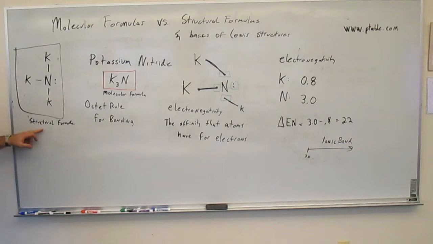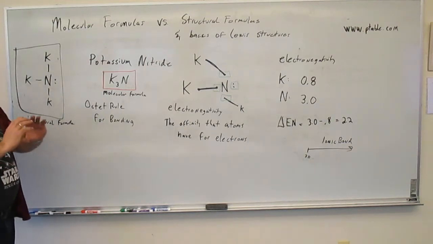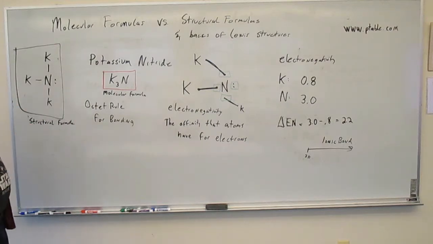Now, the structural formula is not to be confused with the Lewis structures. The Lewis structures are just the element with its valence electrons around it. This is the structural formula for a molecule. And you'll have very complicated structural formulas when you study organic chemistry. The basic rules for the structural formula are that all of the bonds are at right angles with respect to each other.